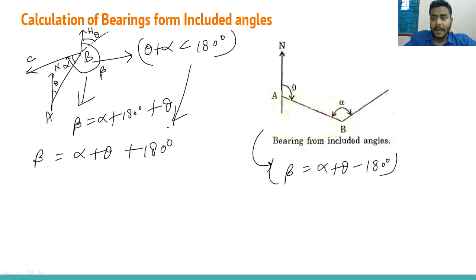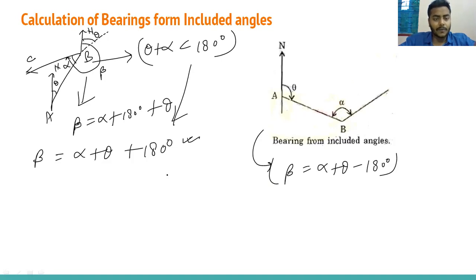Also, you can imagine or draw a rough diagram for 540 degree and you will get this result only. You will get the result I said in the expression, alpha plus theta minus 540 degree, in the case where theta plus alpha is greater than 540 degree. So the three expressions are there, three cases are there. You have to remember, and you have to see the summation of forebearing of next line plus included angle.